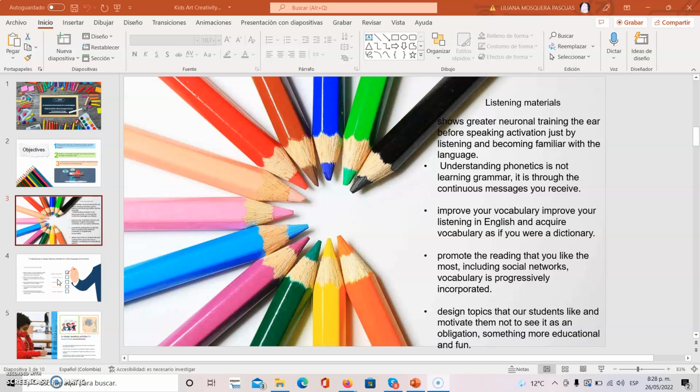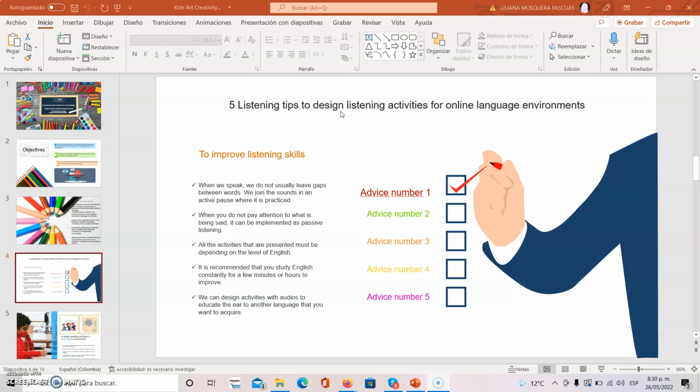Next presentation, the activities guide. Five listening tips. When we speak, we do not usually leave gaps between words.